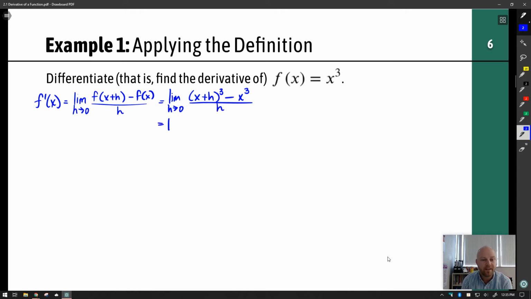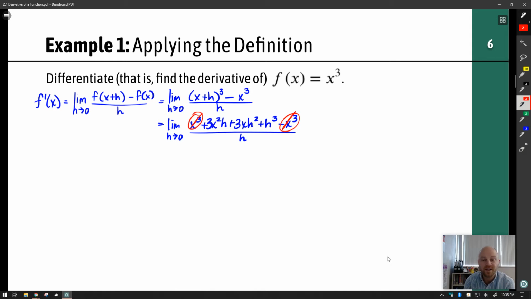Next, we're going to expand the limit as h goes to 0 of x plus h quantity cubed expands into x cubed plus, actually it's 3x squared h plus 3xh squared plus h cubed, and then minus the x cubed from above, all over h. Now I notice here that x cubed minus x cubed zeroes out. And I also notice that the remaining 3 terms all involve an h.